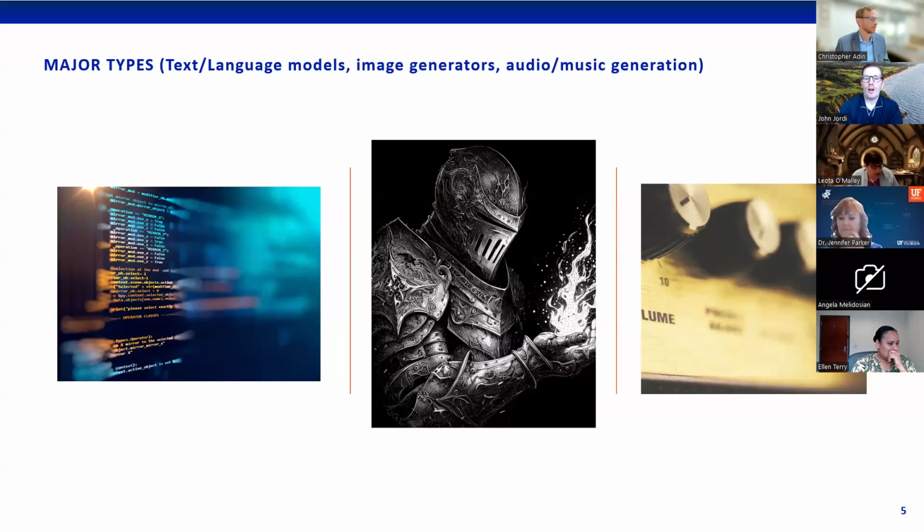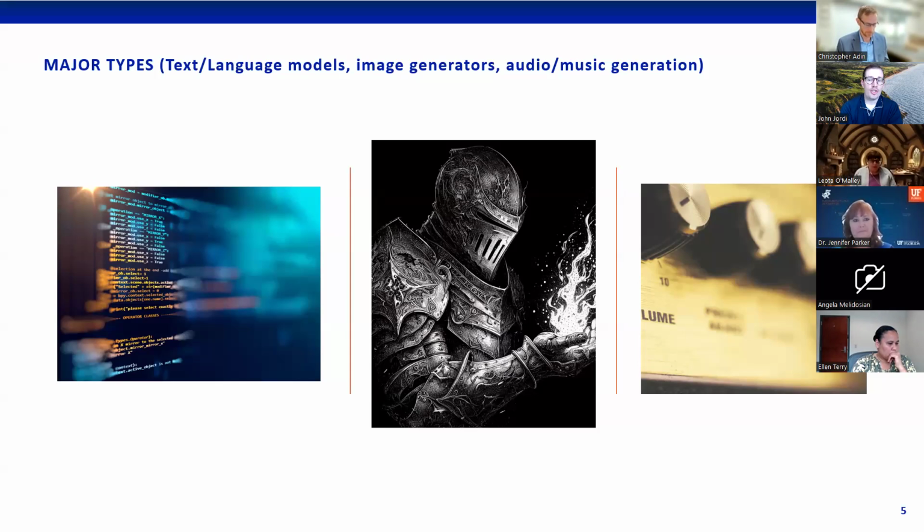So typically there are three types of generative AI models. There are text language models, which are the most common ones that we have talked about. There are image generators, as well as audio and music generators. We'll be going into depth into each one of these types of generative AI models, and we encourage you to do the same. First, the text language models, you might have also referred to them as large language models or LLMs, have the ability to generate coherent and relevant text.